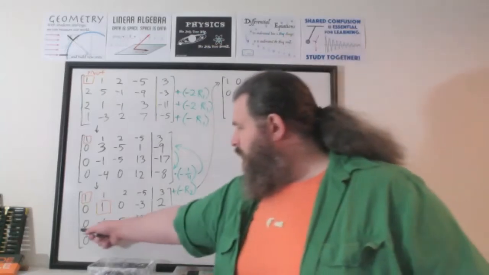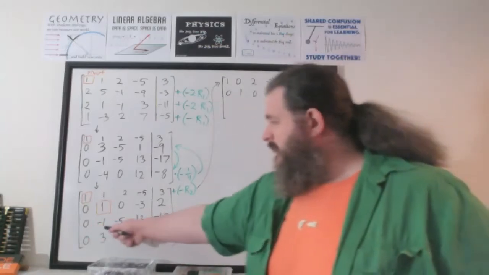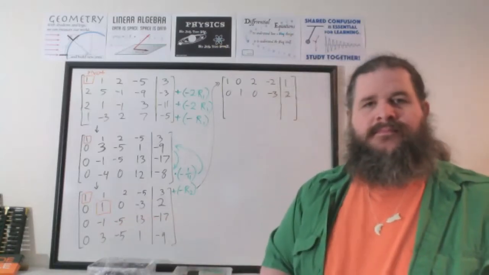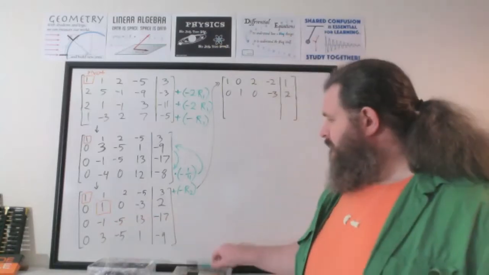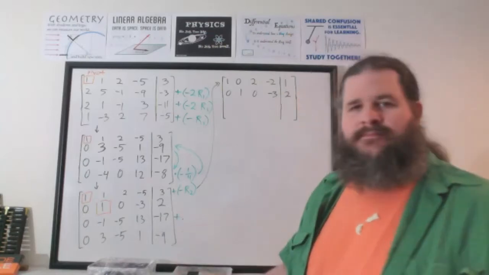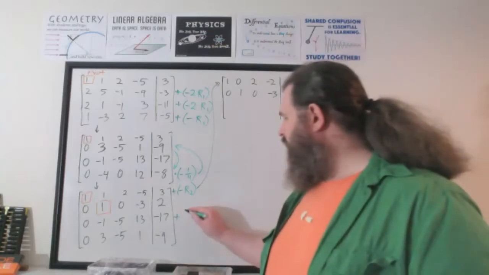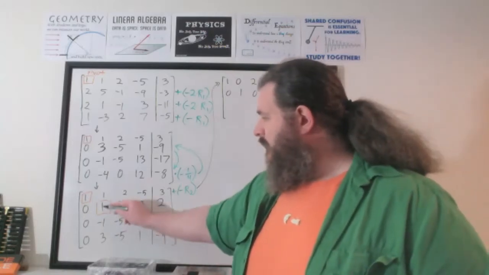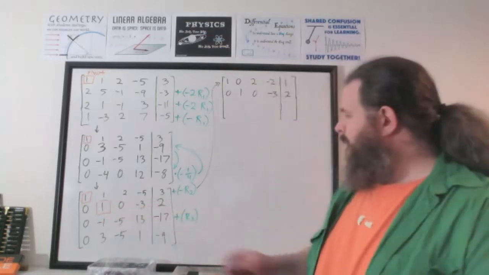what operation would change this row to get rid of that -1? What could we add to this row? Yeah, if we just add the second row exactly as is, we don't even need a negative sign because these will already cancel each other out.